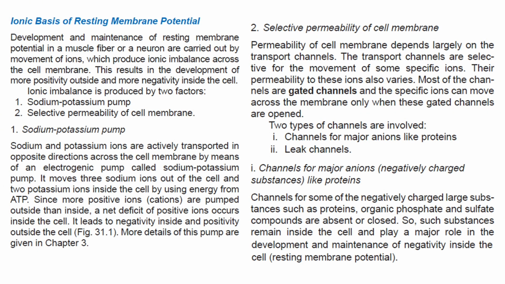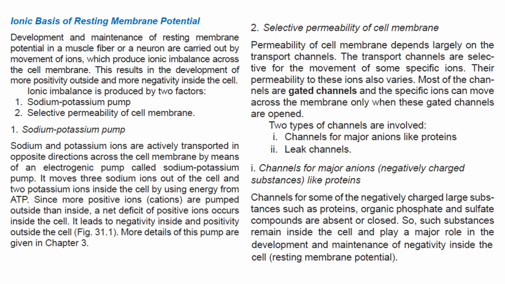Number two is selective permeability of the cell membrane. The cell membrane's permeability depends on specialized transport channels that allow selective movement of specific ions. These channels are often gated, meaning they open or close based on specific conditions. There are two main types of channels that are basically involved. Number one is channels for major anions, negatively charged substances such as proteins.